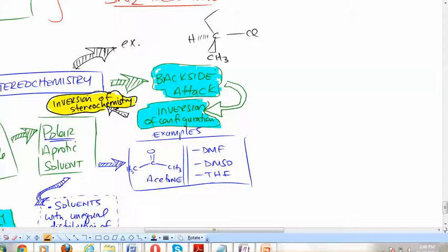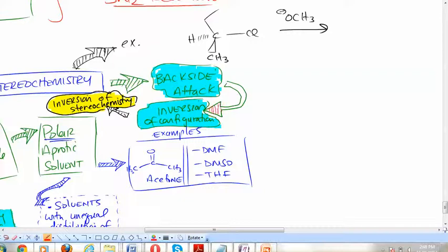Right? And let's say we react them with methoxide. So what's going to happen in an SN2 reaction? What would occur? So we're doing an SN2 reaction.